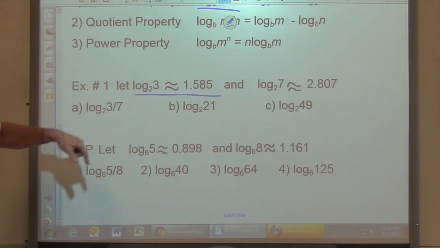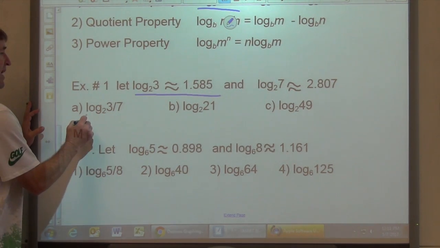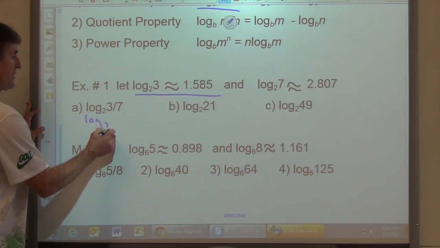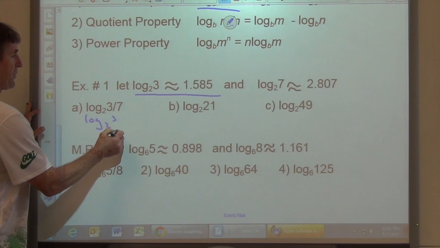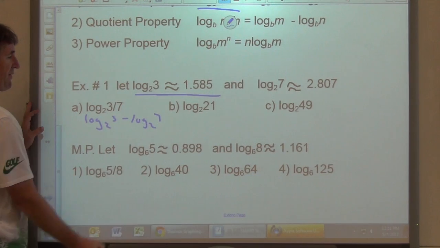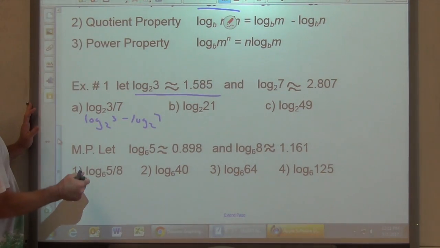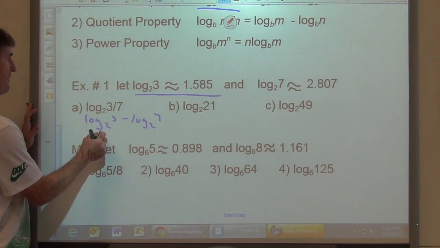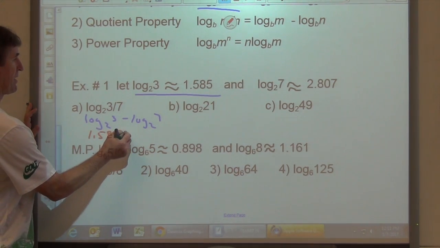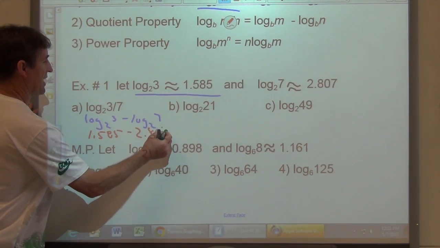So this one is division. Log base 2 of 3 divided by 7, I can rewrite as log base 2 of 3 minus log base 2 of 7. And then we can take those values. We know that log 3 is 1.585 minus 2.807.